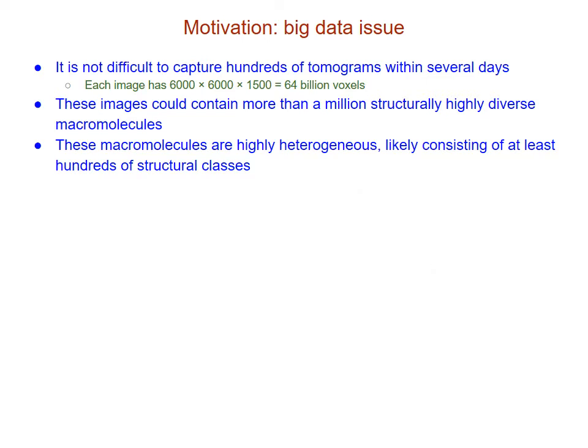Previously, we have developed a number of geometric methods for such subtomogram classification. However, these methods are either inaccurate or too slow to deal with the big data problem that exists from the tomogram data acquired using a state-of-the-art microscope.